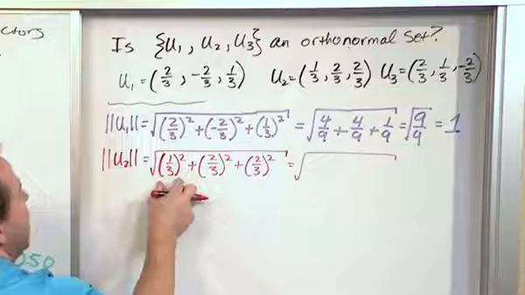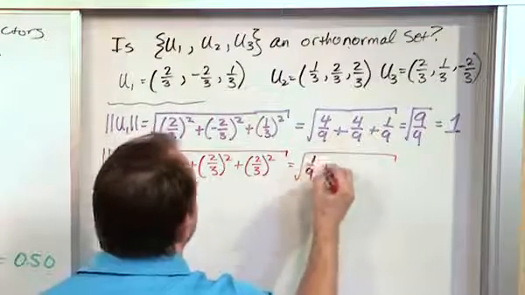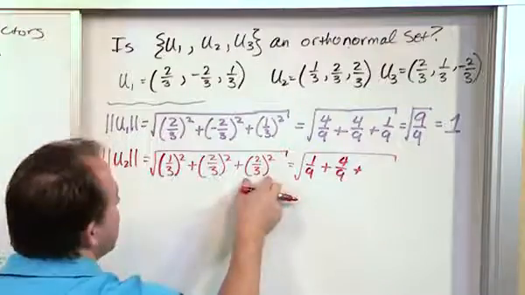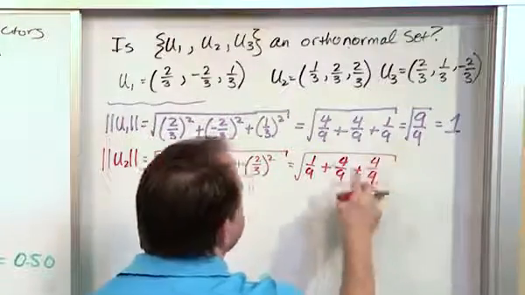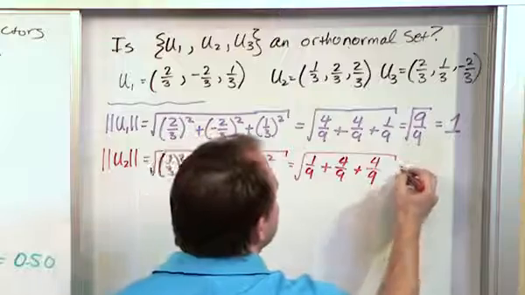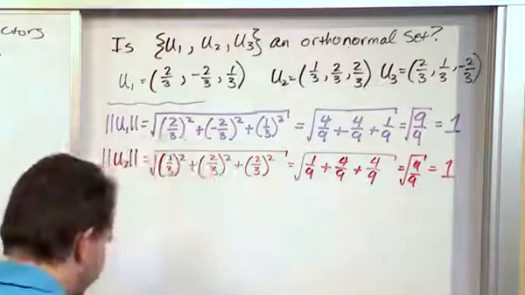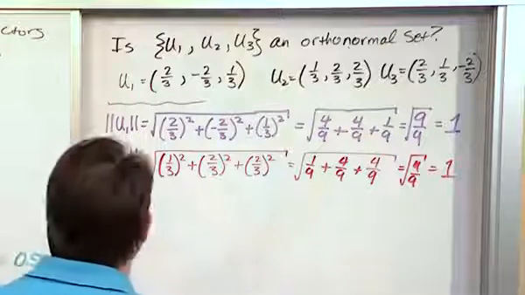So what I'm going to have over here is 1/9, 4/9, 4/9 from here. Again, 4 plus 4 is 8 plus 1 is 9, 9/9. This is obviously a length of 1. So vector number 2 has a length of 1.